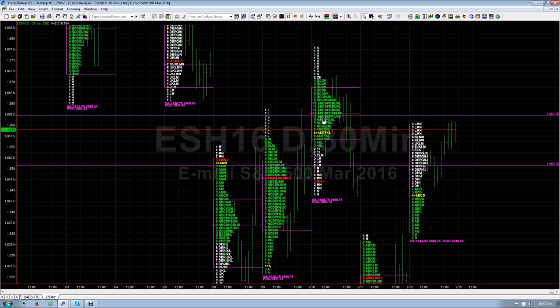Okay. So that's going to be some of the important information that the market profile graphic gives us. What type of traders may be where, and where breakouts may occur.